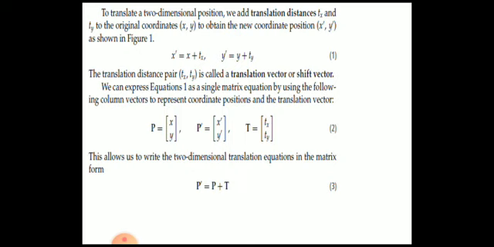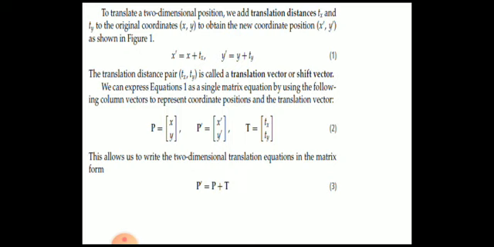We can express equation 1 as a single matrix equation by using column vectors to represent coordinate positions and translation vectors. For example, P is a column matrix of x and y, P dash is x dash and y dash, and T is tx and ty.